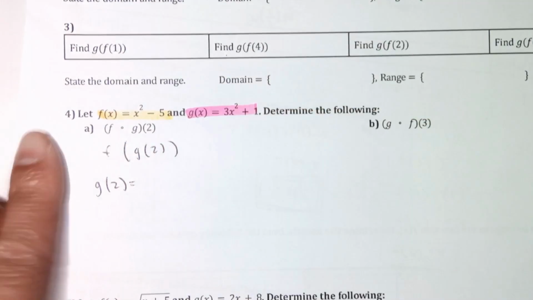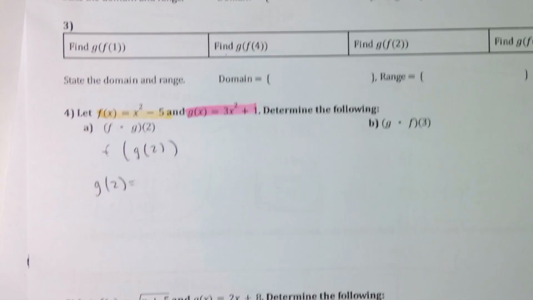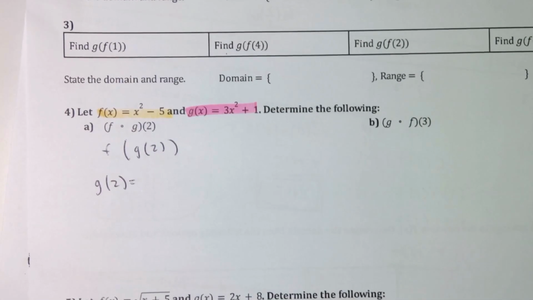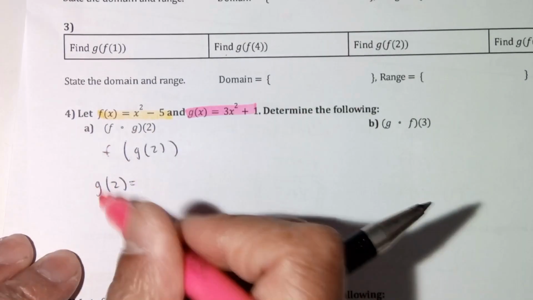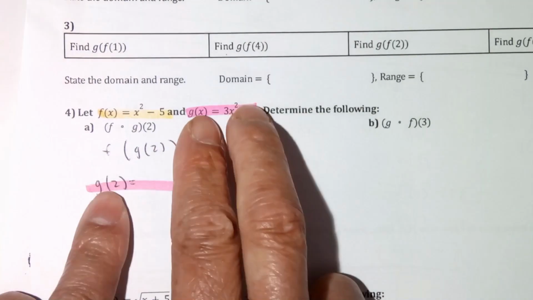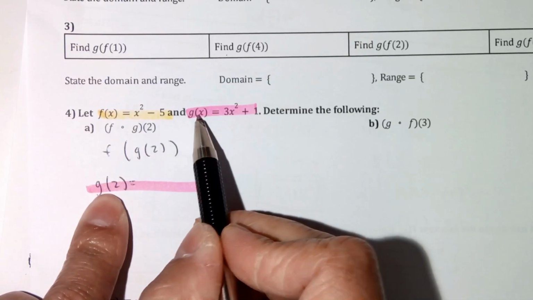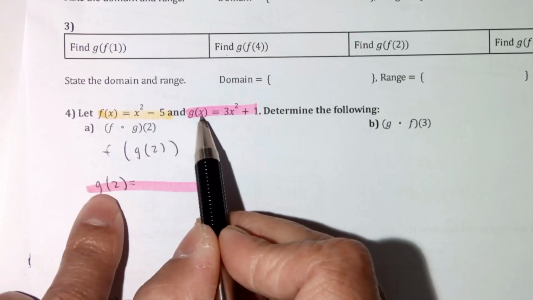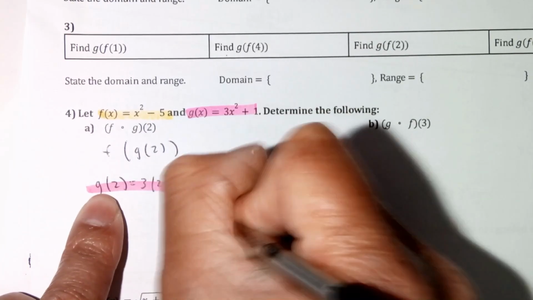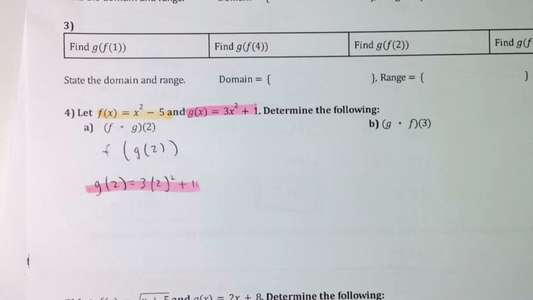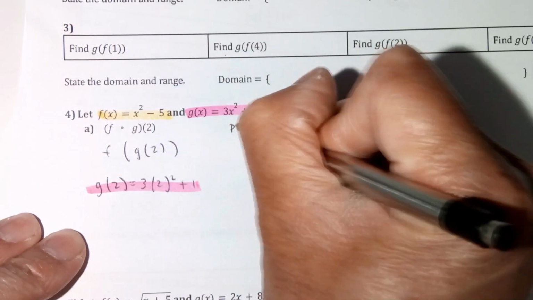So I'm going to use what color? Yellow or pink? Pink. I'm doing this, and you'll notice that my input is 2. So every x value is going to be 2. 3 times 2 squared plus 1. I'm going to follow the order of operations, PEMDAS.